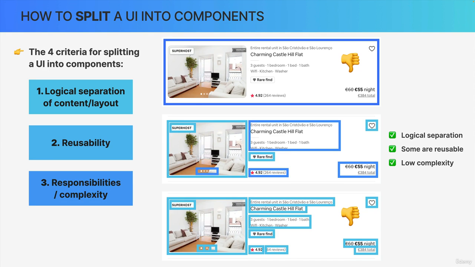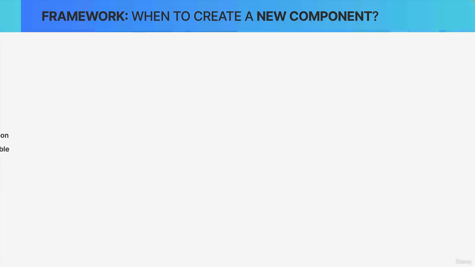Finally, there's one even more subjective criterion, which is your personal coding style. So some people work better with smaller components, and some people just prefer larger components. And therefore, you need to create components in a way that works best for you, so that you can stay as productive as possible. Alright, but now let's actually dig a bit deeper into all these different criteria.